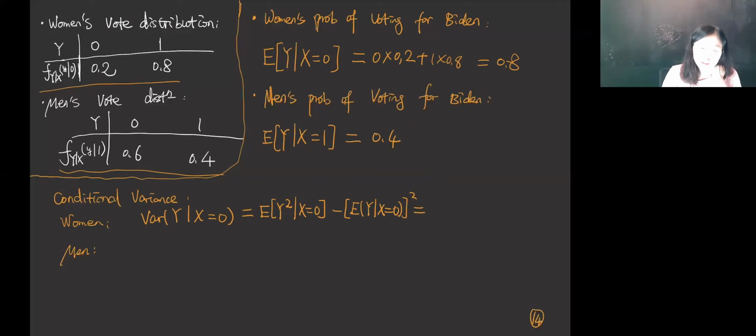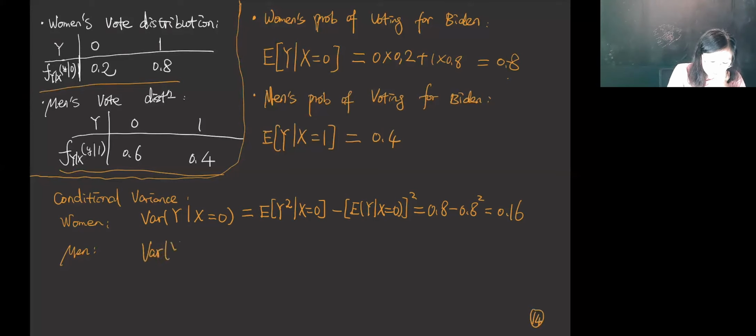And this is particularly easy to use in this case because the square of y is the same as y. So the expectation of the square of y is the same as the expectation of y. And that gives us 0.16.